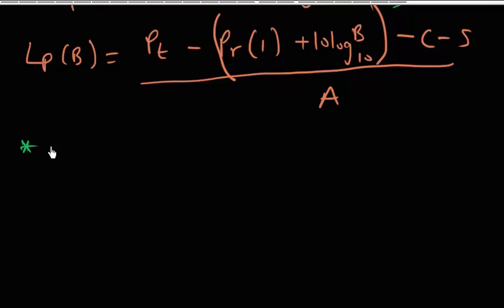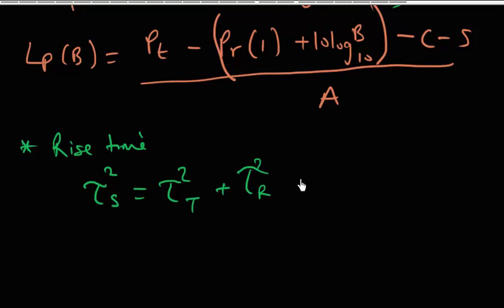So for rise time, we have to know that the system rise time is transmitter plus receiver plus fiber.